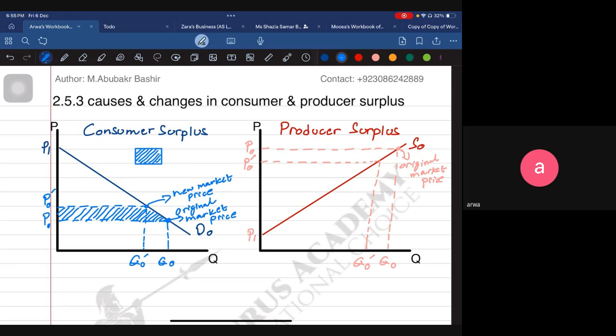This is showing reduction in consumer surplus. And here I'm showing the same thing, it's reduction in producer surplus.